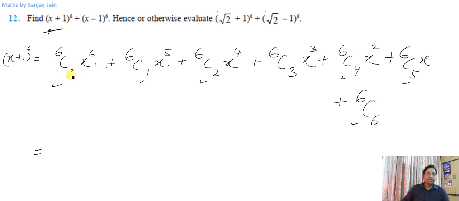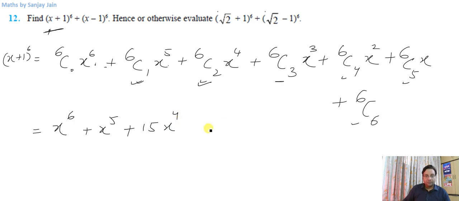Alright, so let me write it now. This is going to be equal to what? 6c0 is 1. So this is x raised to power 6. This is 6, x raised to power 5. This is 15, x raised to power 4.